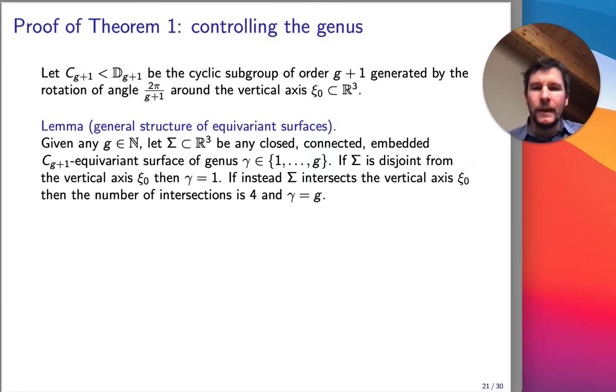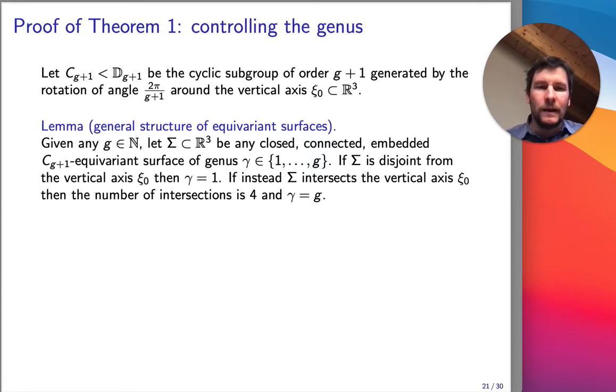Okay? Then there's two options. So if this sigma is disjoint from the vertical axis, then it must have genus 1. So it's, for example, a torus, could be Angenent's torus around the vertical axis, doesn't intersect it.